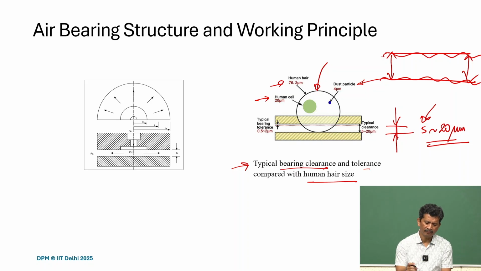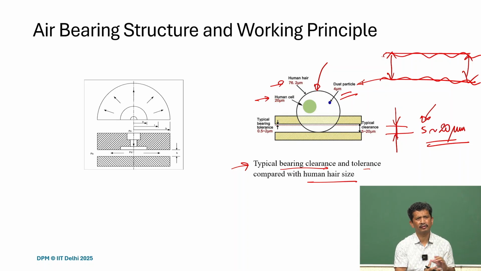At the same time, a dust particle is of the order of 4 micron. It means the air passing through those bearing surfaces has to be prepared. It has to be dust free, so filtering is required. You cannot feed any kind of air.